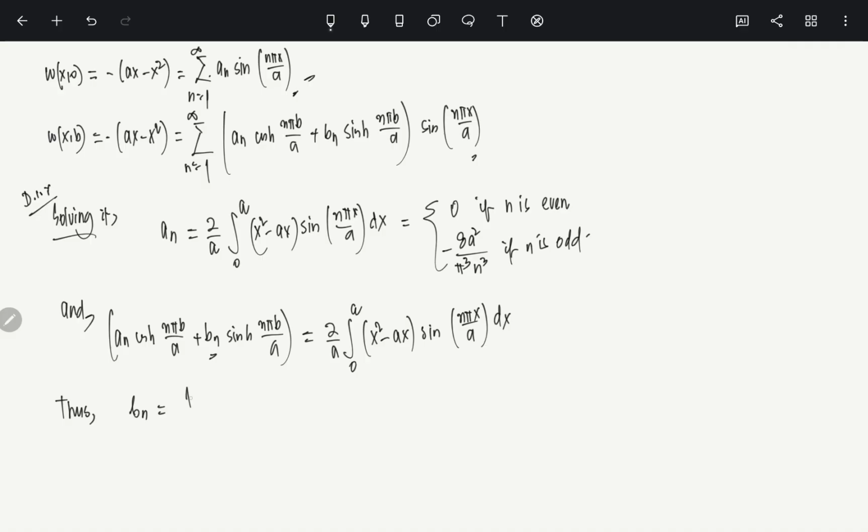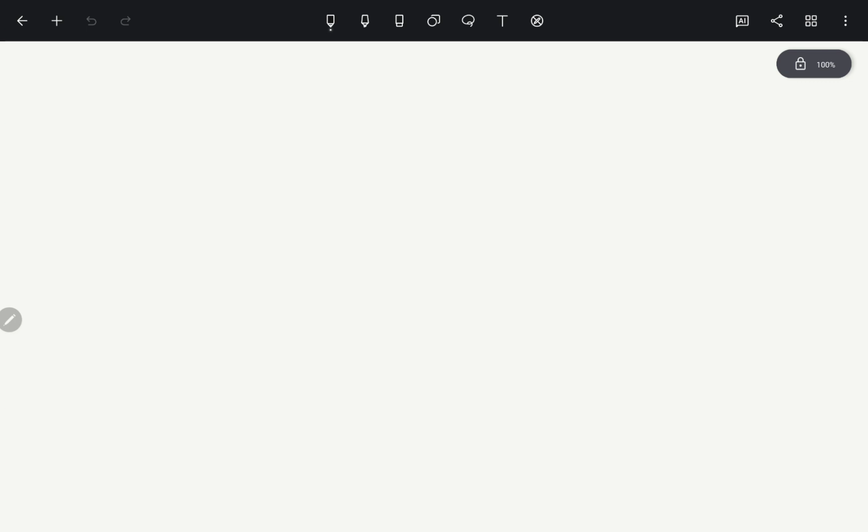So, bn's are 1 minus cosine hyperbolic n pi b by a, by sine hyperbolic n pi b by a, times an, of course, times a. Clear? So, now what is the solution of the Dirichlet problem? Then the solution is this. If you put everything together, the solution u of x y should look like this.